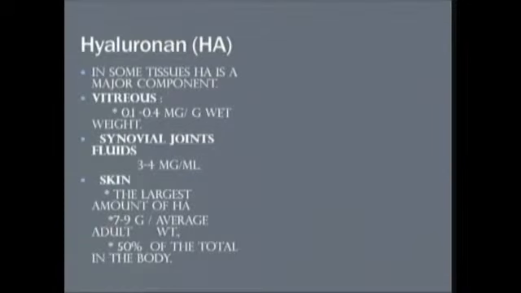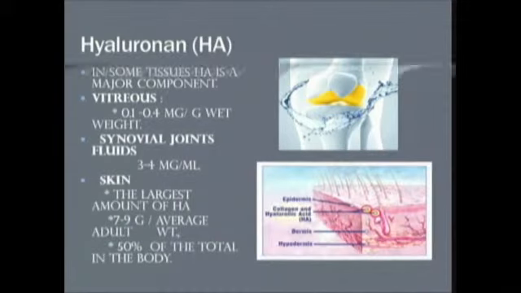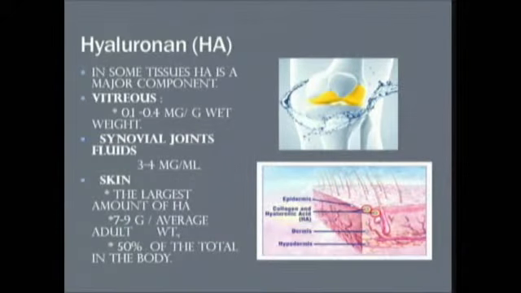An important substance in the vitreous is hyaluronic acid. It is a major component in some tissues: the vitreous, synovial joint fluids, and also the skin. In the skin, it's 7 to 9 grams in the average adult weight, which is about 50% of the total hyaluronic acid in the body.